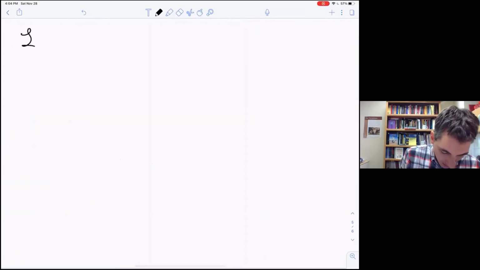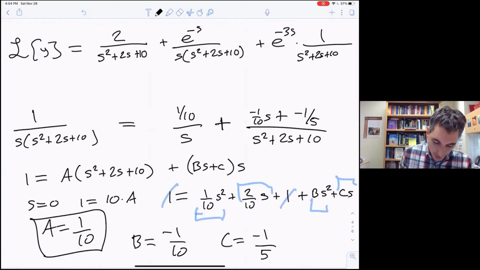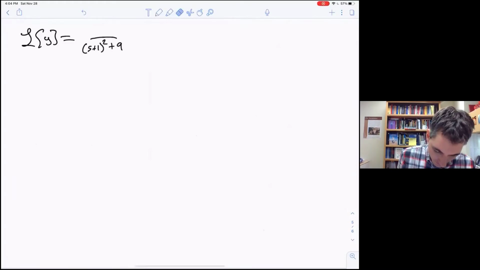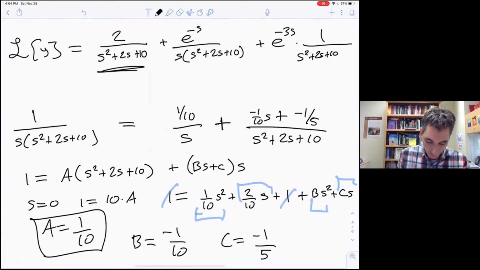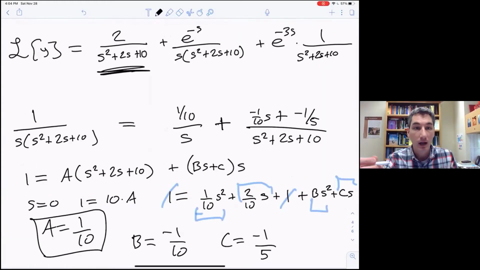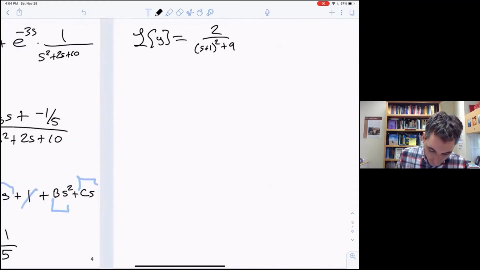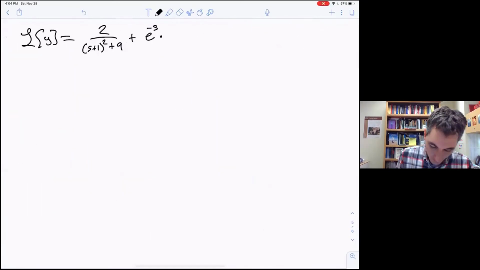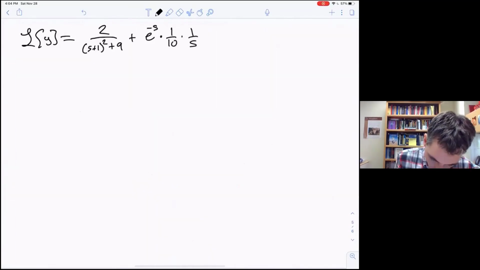So we've got L of y equals, we had 2 over (s+1)² + 9. That's what s² + 2s + 10 is: 10 is equal to 1 plus 9, and s² + 2s + 1 is equal to (s+1)². So that factors into those two parts. And then I'm going to have plus e to the minus s times, well, there should be something over s, so 1/10 times 1 over s.